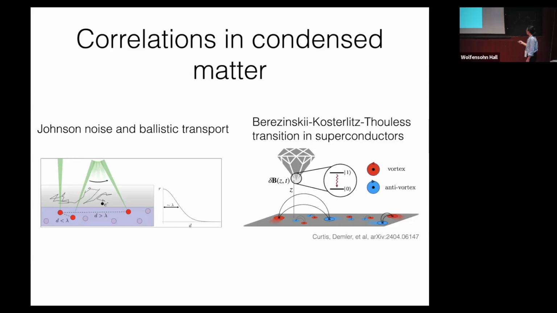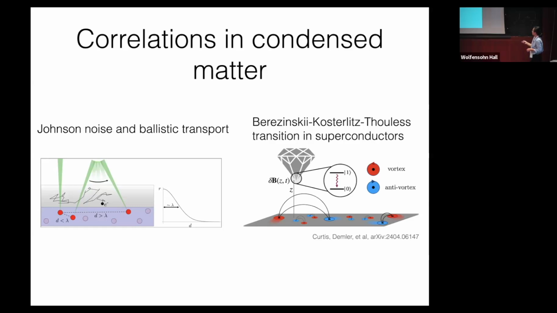This is a nice proposal from Eugene Demler's group, where they're thinking about the BKT transition in thin film superconductors, where you get these vortex-antivortex pairs. And as you go through the phase transition, the correlation length scales between these vortex-antivortex pairs kind of explode. And then you eventually break symmetry and get these unidirectional vortices.